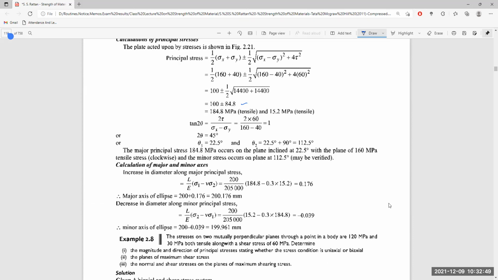So putting in all these values, length, E, sigma 1, mu, it will become an increase in diameter of 0.176. So the major axis of the ellipse is 200 plus 0.176 millimeter. And for the decrease in diameter along the minor principal stress, it is (sigma 2 minus mu into sigma 1) into 200 divided by E.